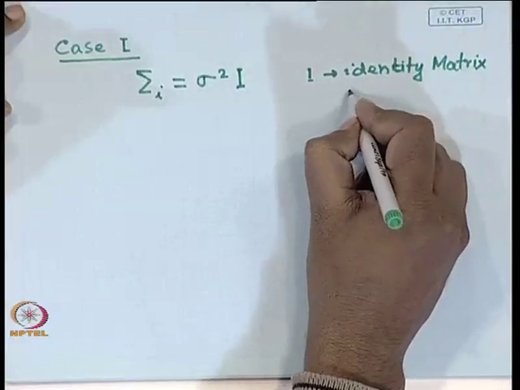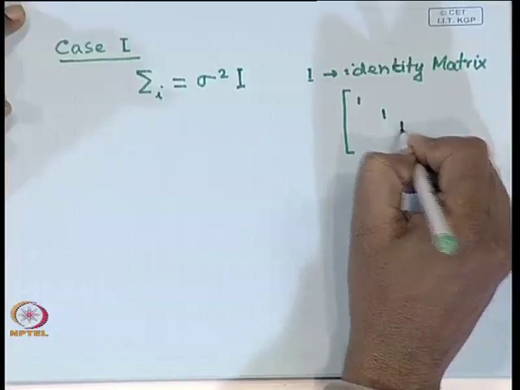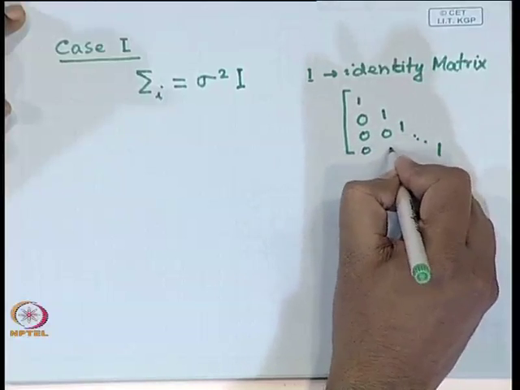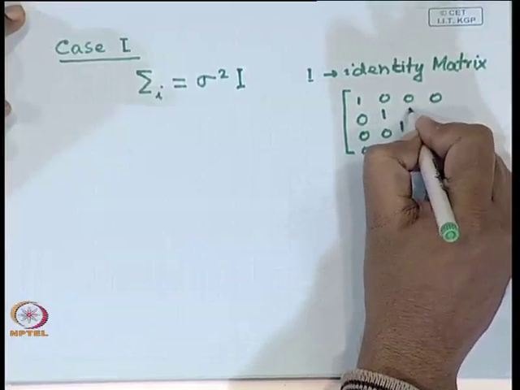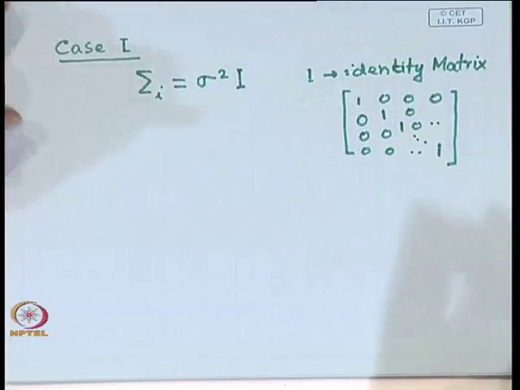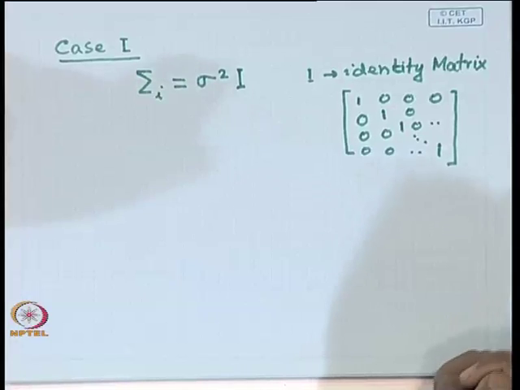That is, it is a diagonal matrix where only the diagonal elements are ones and the rest of the elements are zeros, and so on. So, when this covariance matrix is of the form σ² into I, we have only the diagonal elements, which give only the variance of the individual components.